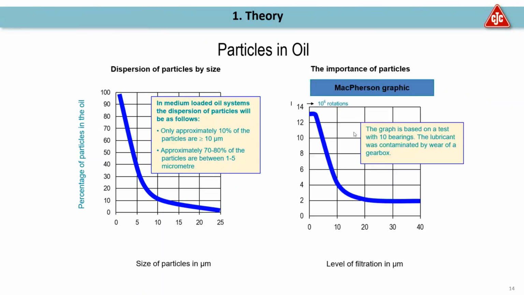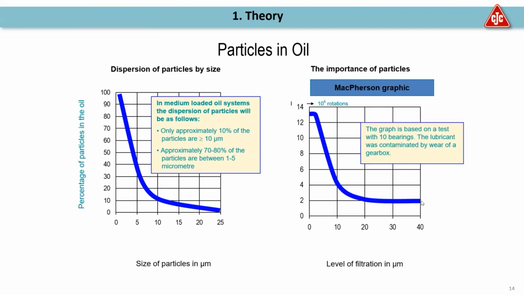The next graphic I wanted to show here is the McPherson graphic. That reflects why all these smaller particles have the largest effect. What McPherson did is he was testing the life of bearings, counted the revolutions those bearings would hold, and looked at it from a level of filtration.